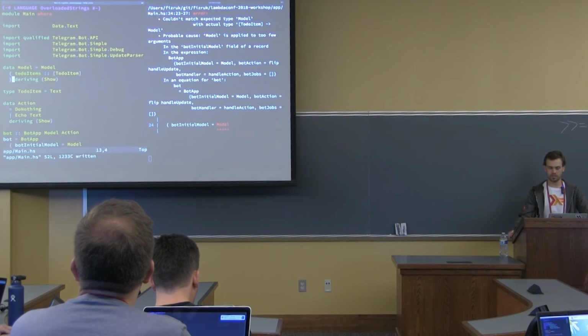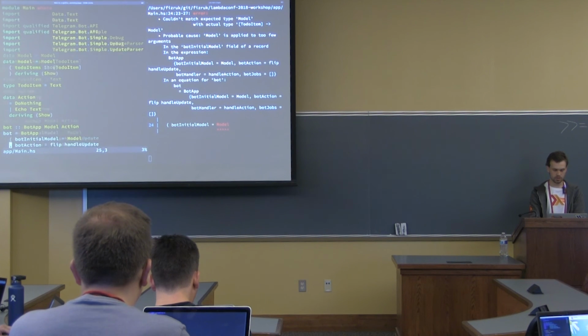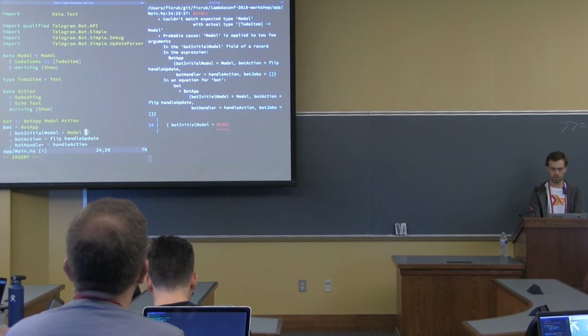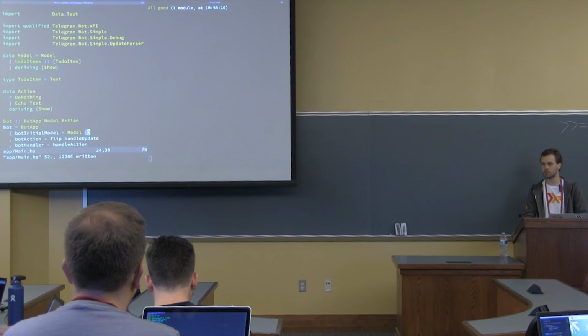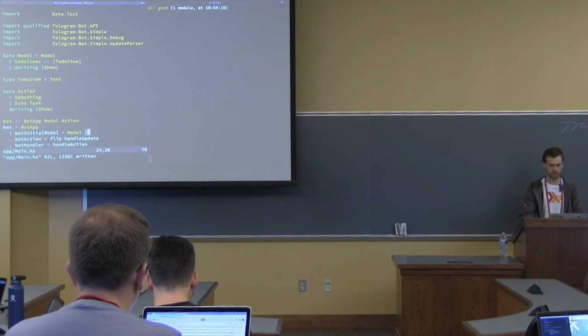Now the compiler tells us every place where we have to update our code to deal with the updated model. So the initial model we have to update, obviously. The initial model would be model with an empty list, all right? And it works. Of course it works, because we never use the model in our code so far.